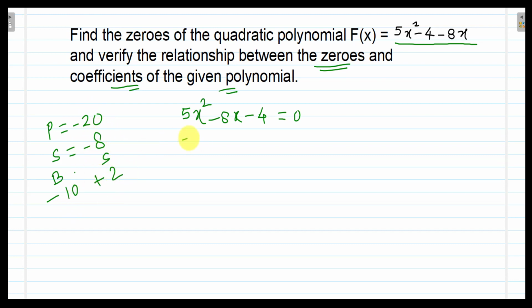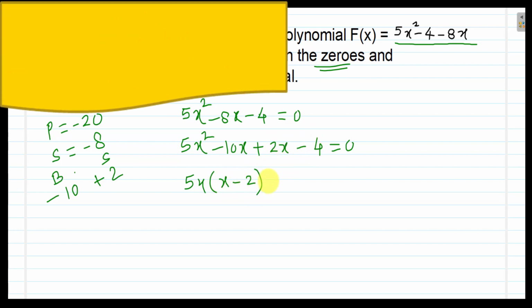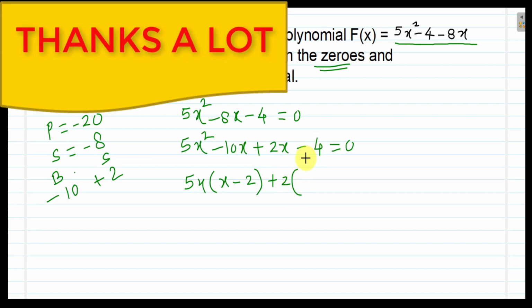So split the middle term as 5x square minus 10x plus 2x minus 4, which is equal to 0. From this we can take out 5x as a common factor, so inside the bracket it will be x minus 2. Here we can take out 2 as a common factor, so inside the bracket it will be x minus 2.